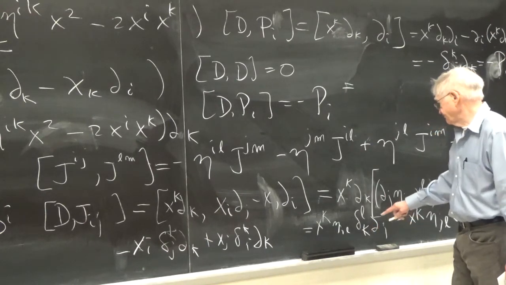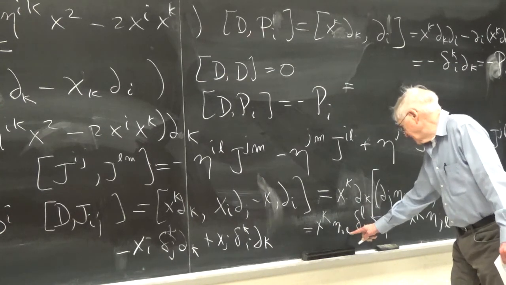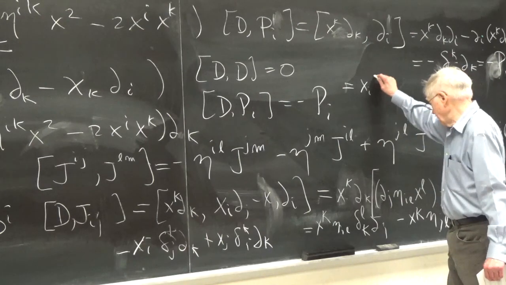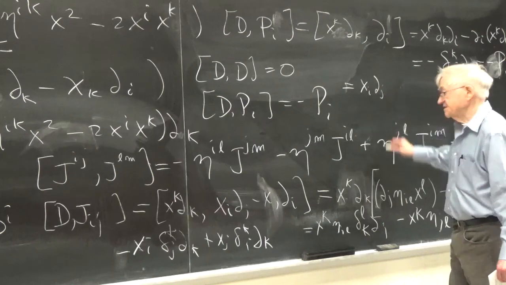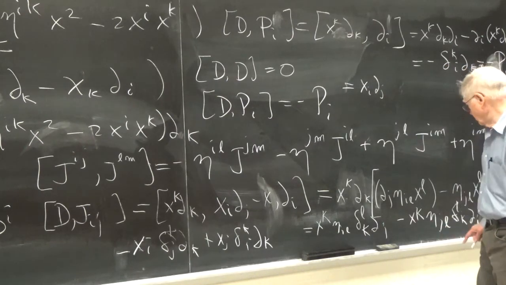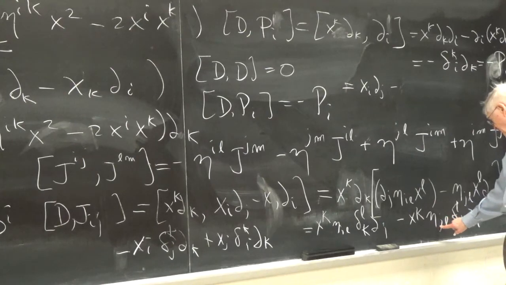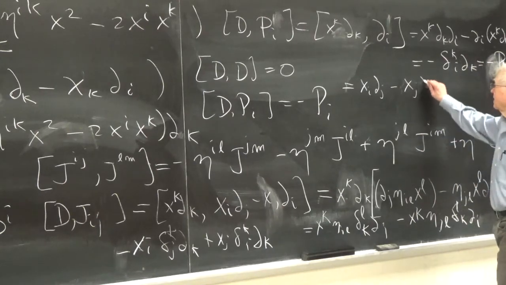So this is eta_ik, and so that's going to be x_i d_j, minus, over here we're going to have eta_jk, and that means x_j d_i.